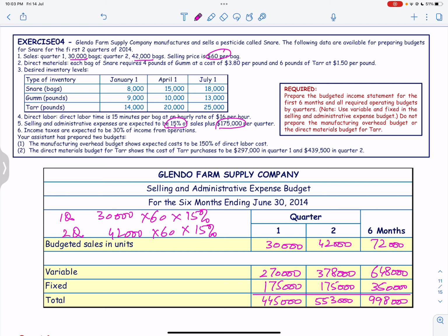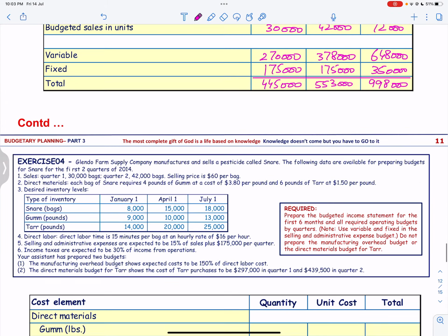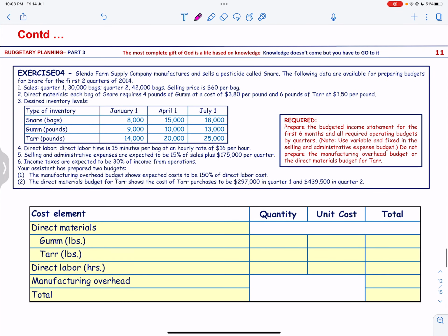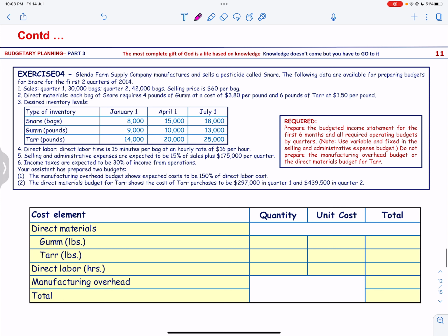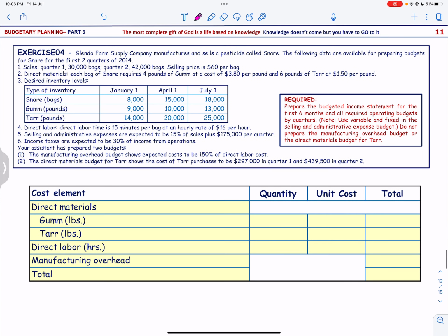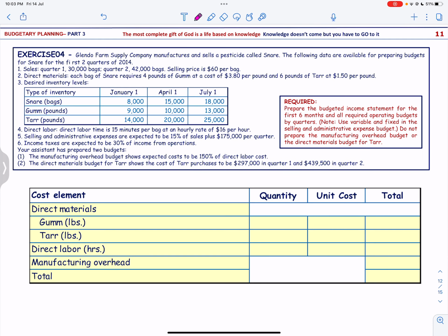Okay. Now, once we have done this, we have prepared all the budgets, but one thing will be added, that is the cost element, before we finally prepare the budgeted income statement. And we can see that the direct material, that is for gums, the quantity was 4 and the rate was 3.8.